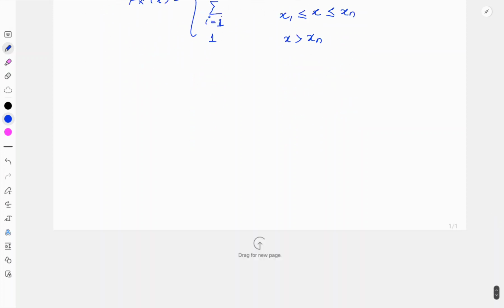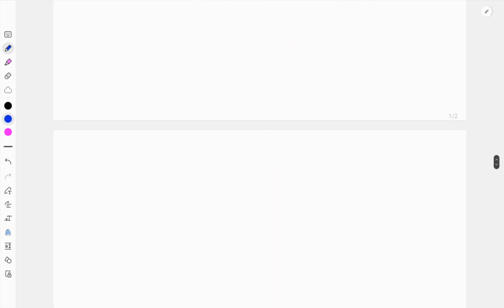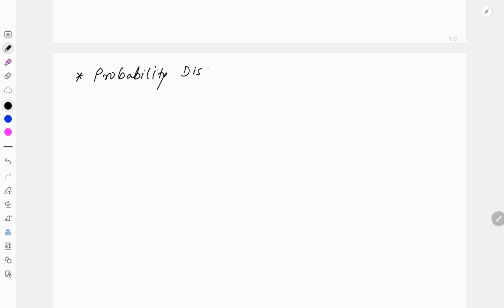Now let us move on to the next topic, which is the PDF. So it is probability distribution function.